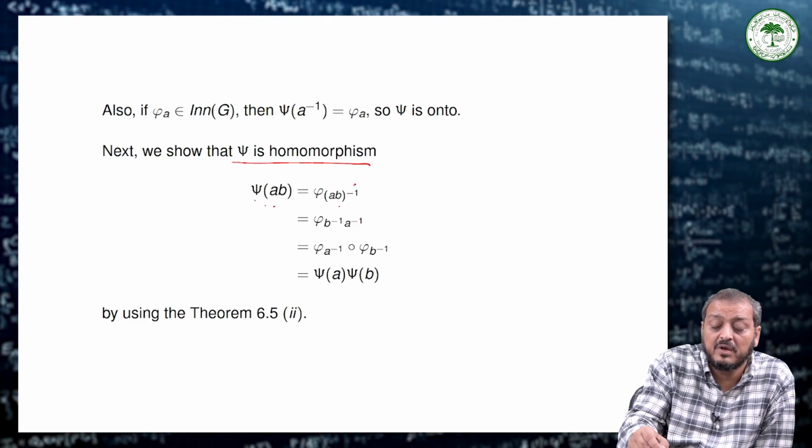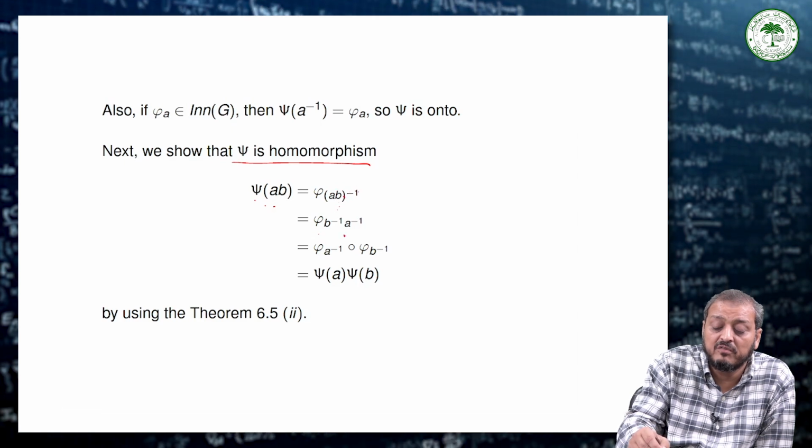Now we show that psi is a homomorphism. Then we can take psi of AB, which is equal to phi of (AB) inverse, and phi of (AB) inverse is phi of B inverse, phi of A inverse.